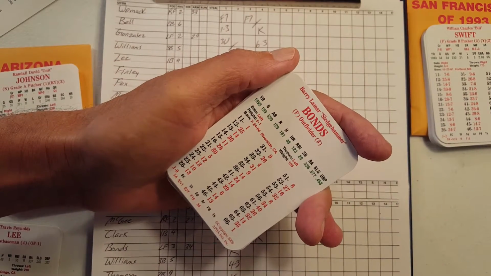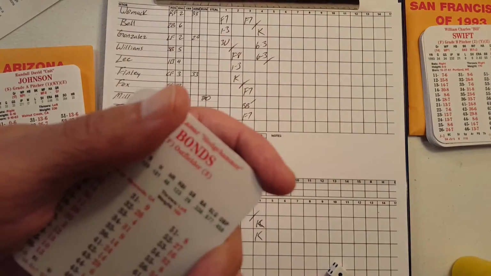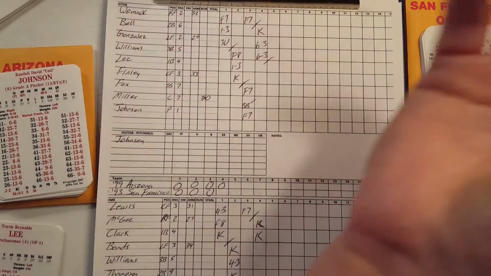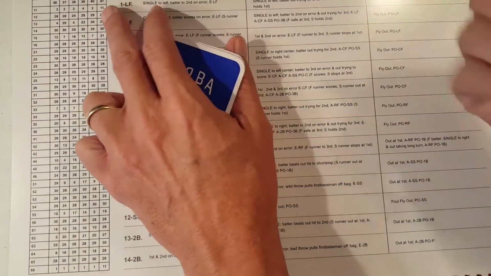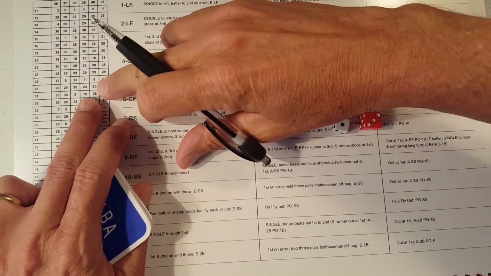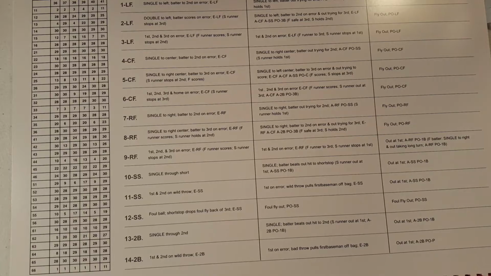Brings up the left-hander Barry Bonds. And a 61 is a 40. It's going to be the RP board. We'll flip to the RP board. And it was a 40. So we'll look under column 40 and roll the dice of 31. 31 is a 28. So we'll look at 28 on the bases empty RP board.